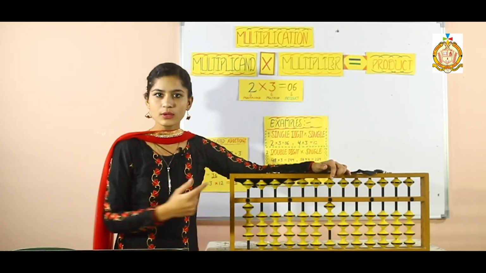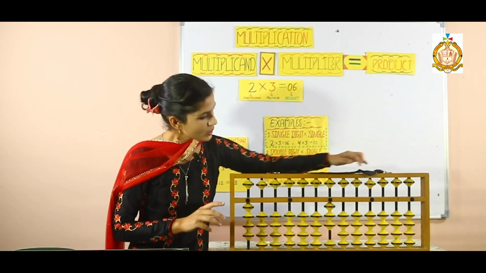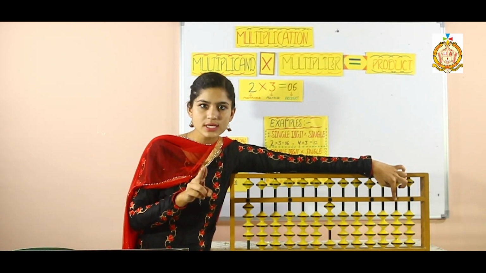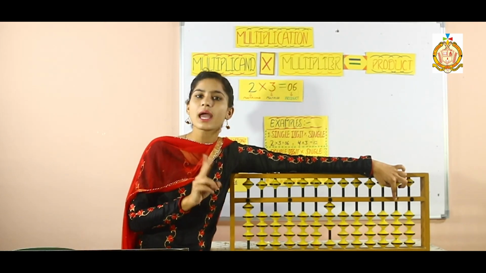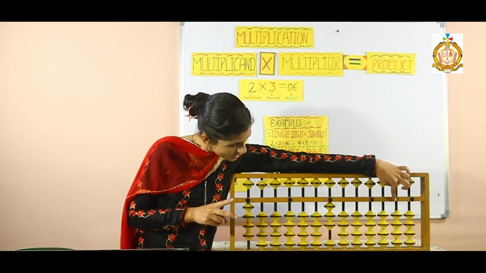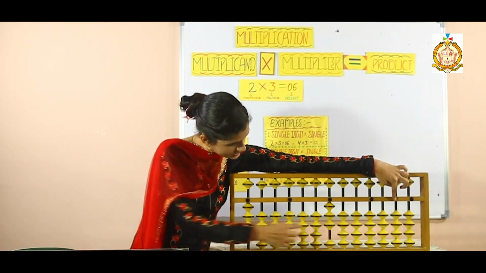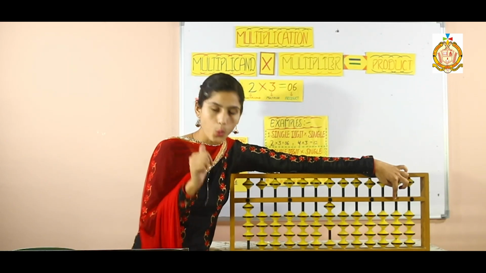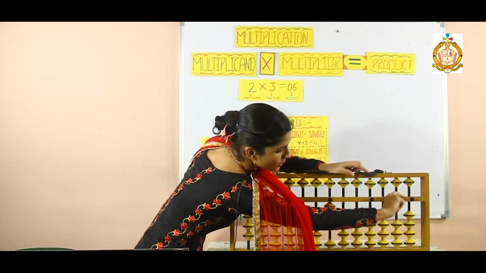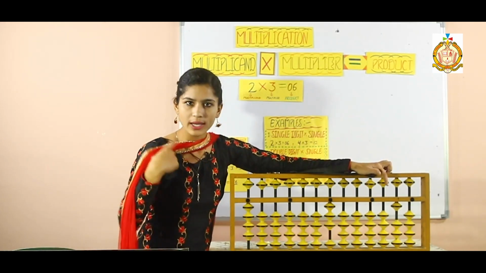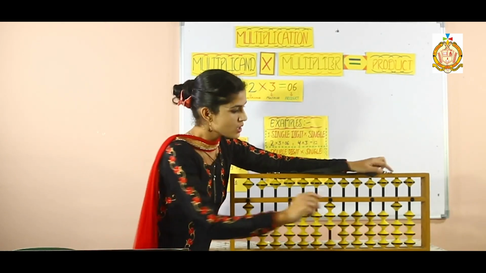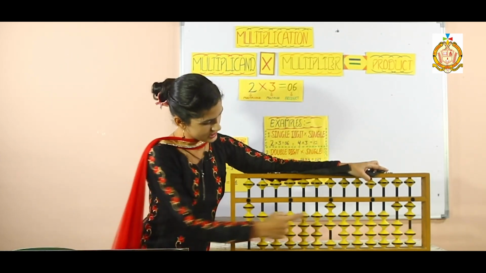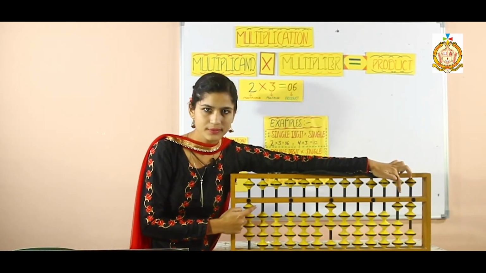Our product of 4 into 3 will come in 2 digits, so keep the finger on the second rod, tens place, because it is 2 digits, tens place and ones place. 4 into 3, our answer is 12. Firstly we add 1, so with the help of thumb add 1 bead. Then 12 contains 2, so with the help of thumb add 2. So 4 into 3, our answer is 12.